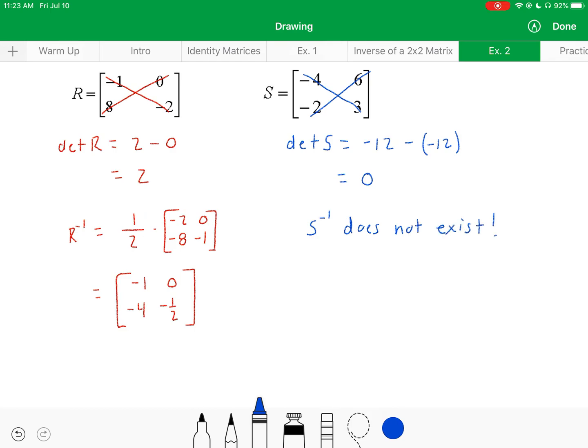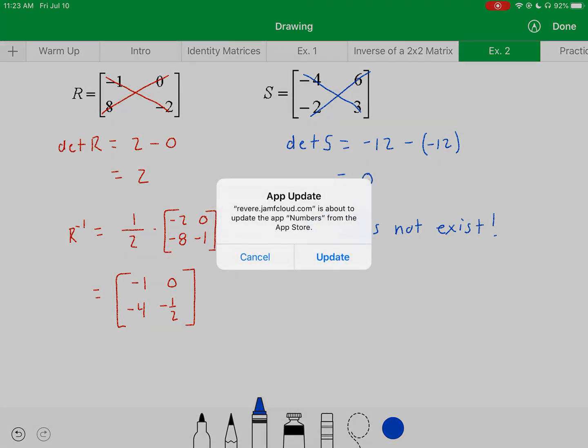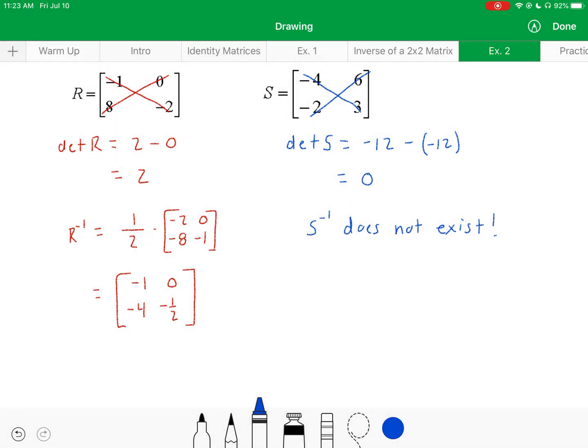Okay, so what we're seeing here is that inverses can only be found for square matrices, okay, but not all square matrices have an inverse, okay.